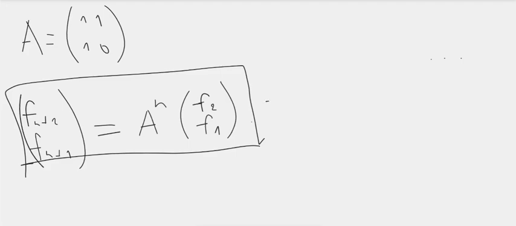And by the way, the vector f2, f1 we can rewrite further: it's A to the power of n times 1 1, because f1 and f2 are just equal to 1.